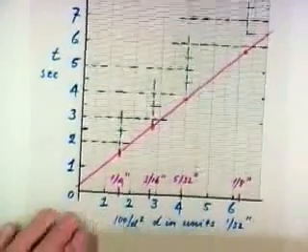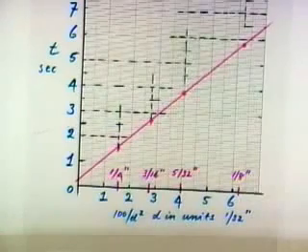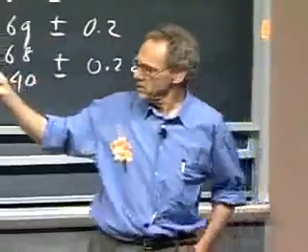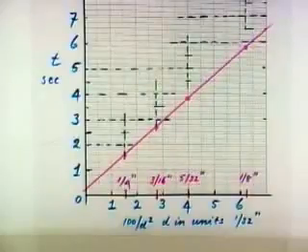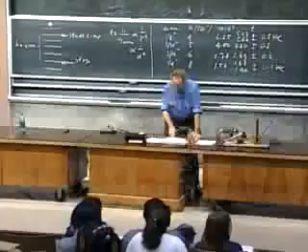A gorgeous straight line. And so you see you are really working here in the regime where the terminal velocity is proportional to the radius squared. Okay, we'll give you your lights back.